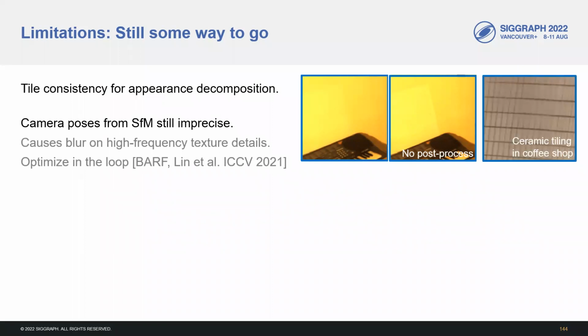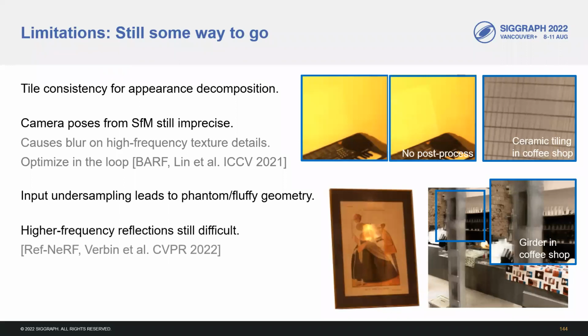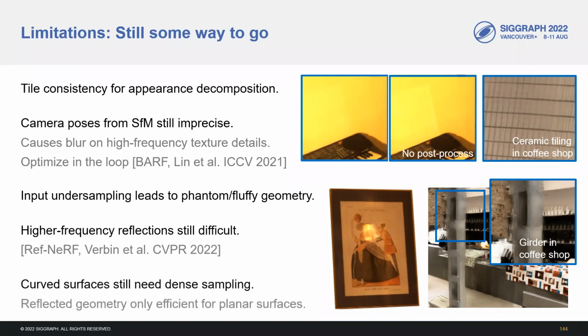We've seen work that tries to optimize these within the loop as well. We talked about the phantom and the fluffy geometry that sometimes appears, also partly because of the camera poses. The high frequency of the reflections is still sometimes difficult. We didn't produce a very good reproduction on that. And obviously it's still limited to planar surfaces, and curved surfaces we have some trouble with. But otherwise, it does okay.